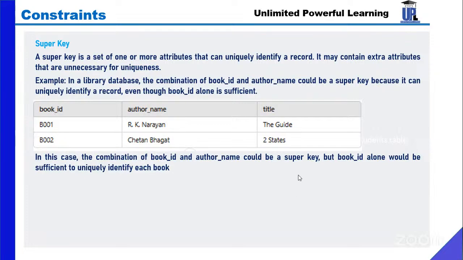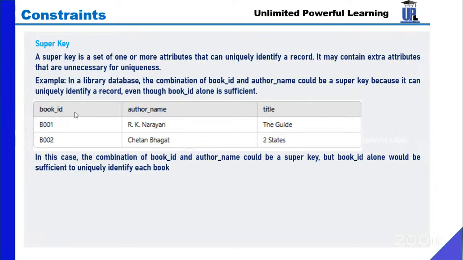Book ID and author name together I can make a primary key. But logically, book ID is sufficient to become a primary key. Such keys we call a super key.